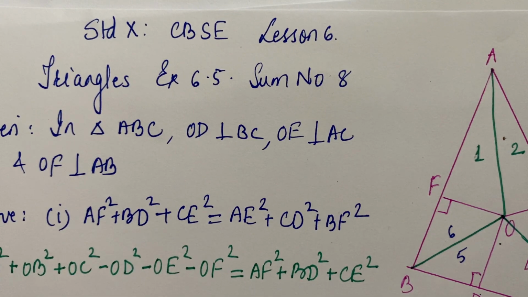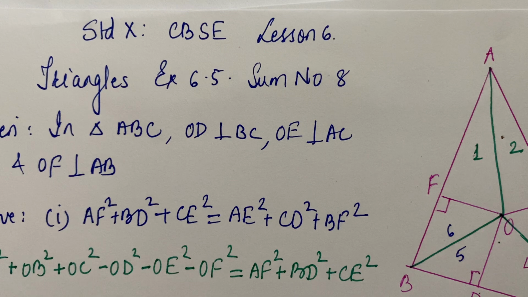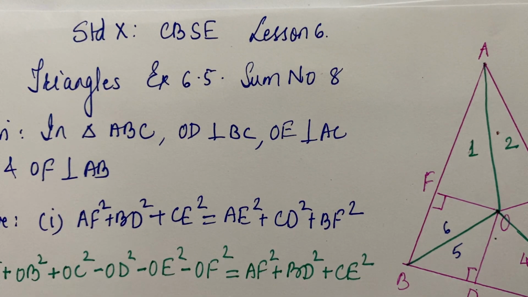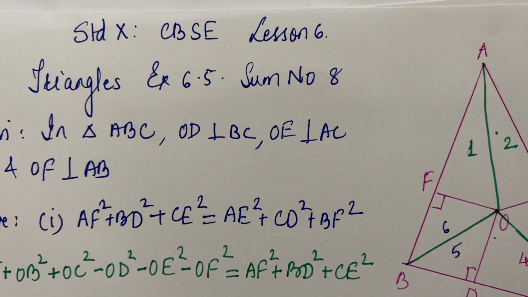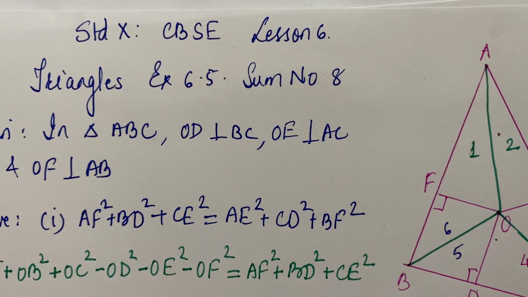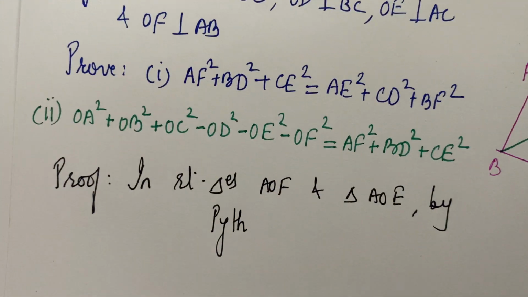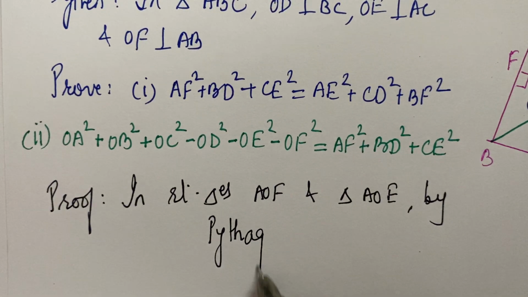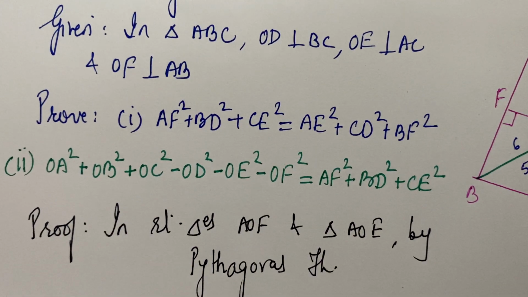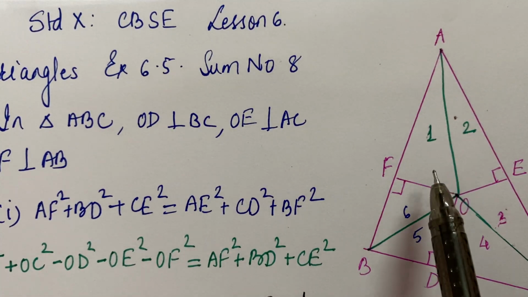In right triangles AOF and AOE, by Pythagoras theorem, I am taking first triangle number 1.